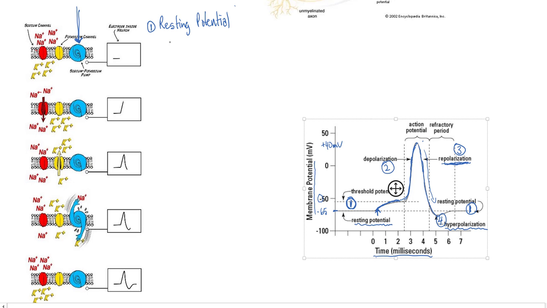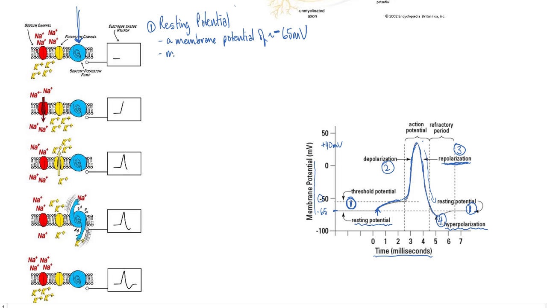So resting potential is a membrane potential of around negative 65 millivolts. I'll put approximately negative 65 millivolts.